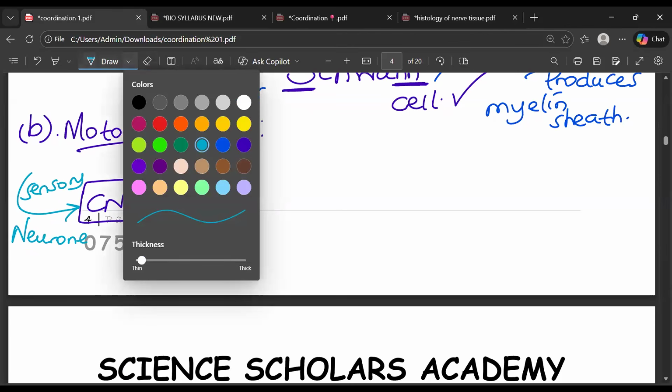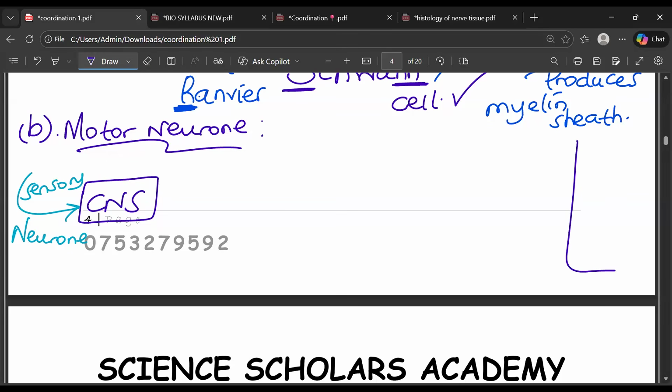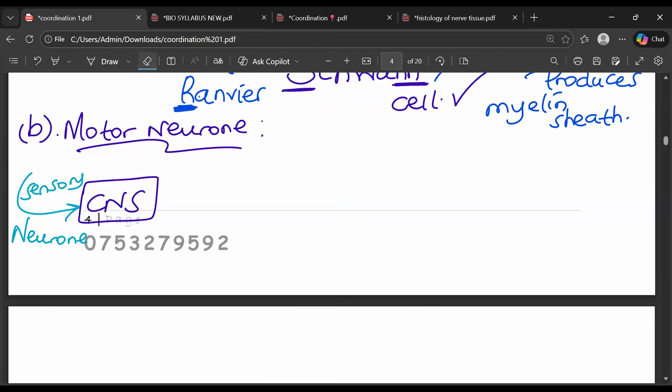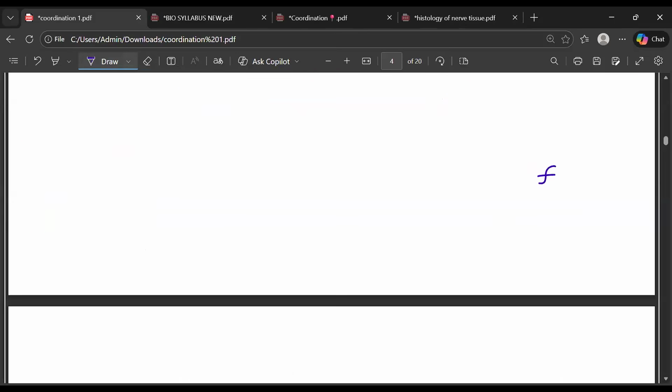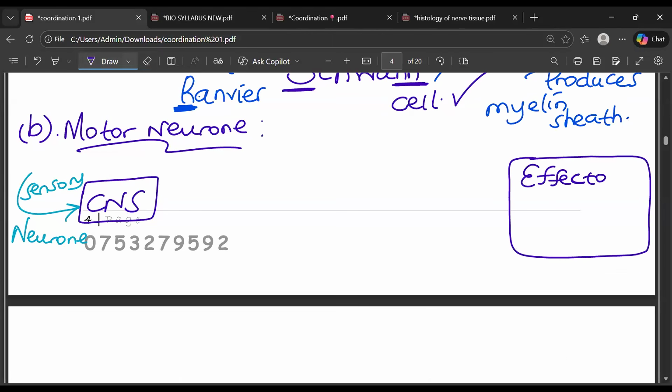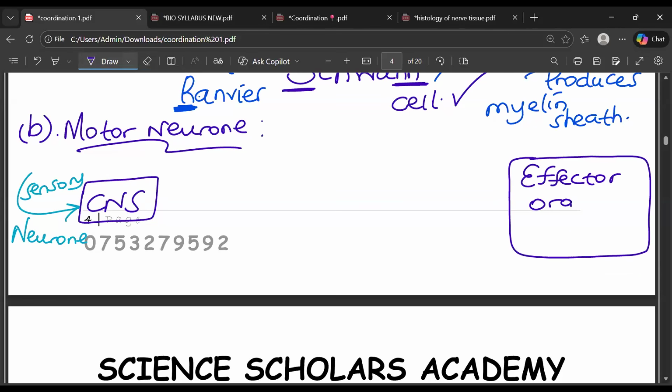So this side, we are having our effector waiting. Effector organ.